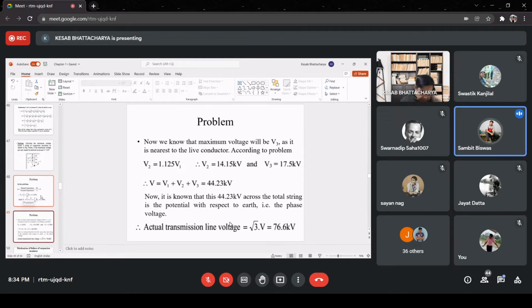So 17.5 divided by 1.39, 12.6 or 12.58. Yes, sir, 12.58. That is your V1. And then V2 will be equal to that multiplied by 1.125, 14.15 kV. Therefore, total voltage V1 plus V2 plus V3 will be the sum total of these three.